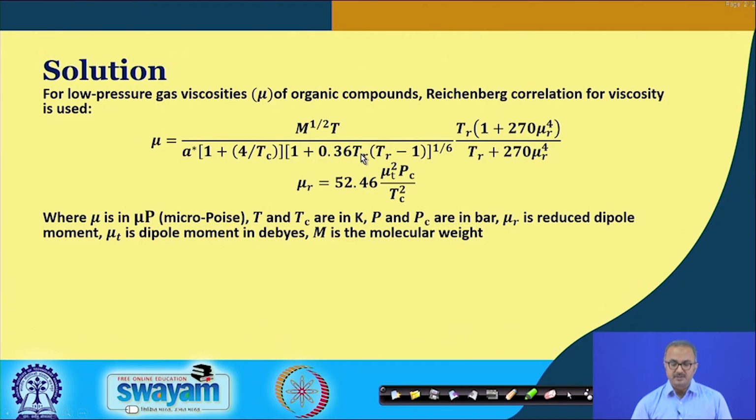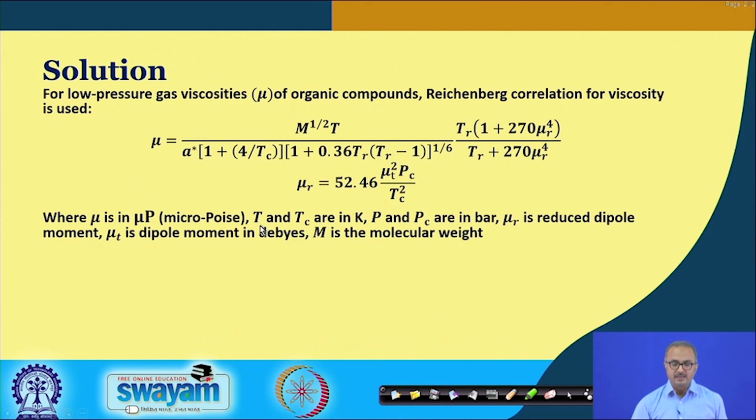Then the reduced temperature has to be calculated based on the critical temperature and the actual temperature, and then we have two parameters, mu r and mu t. Mu r is the reduced dipole moment and mu t is the dipole moment in debyes, and M is the molecular weight which appears here, and the correlation says that the viscosity we obtain will be in micropoise.